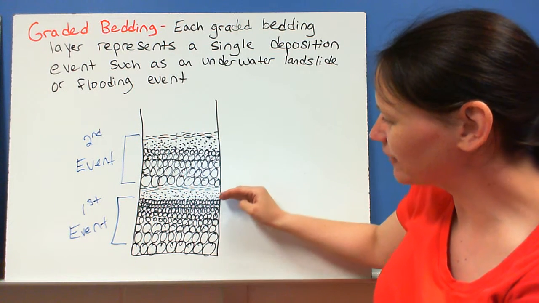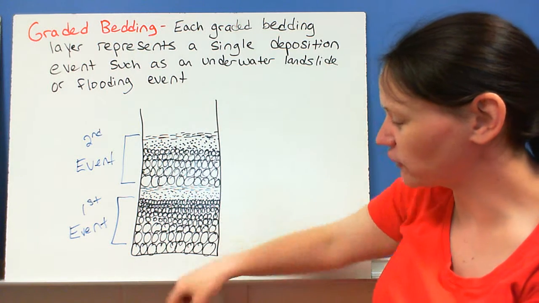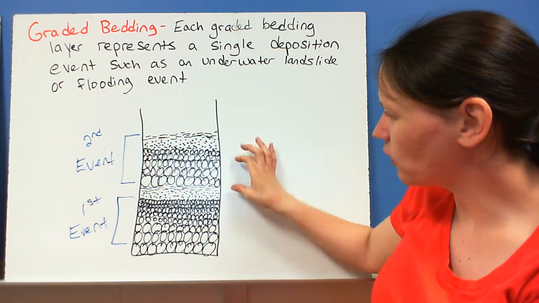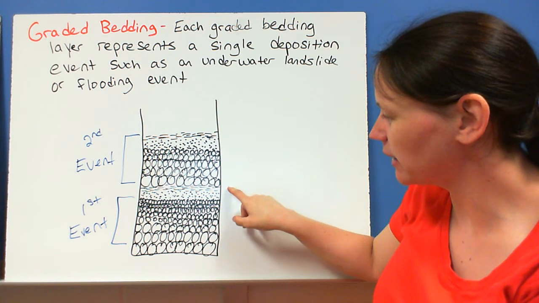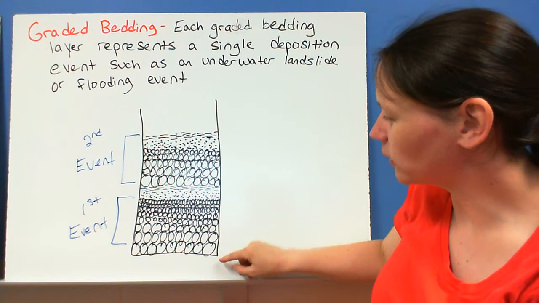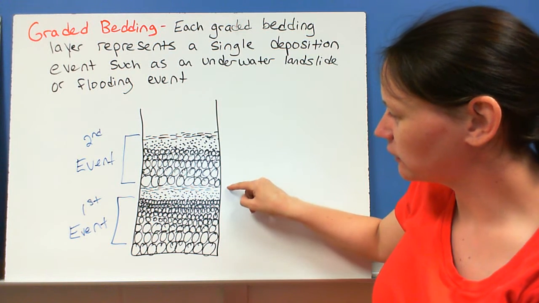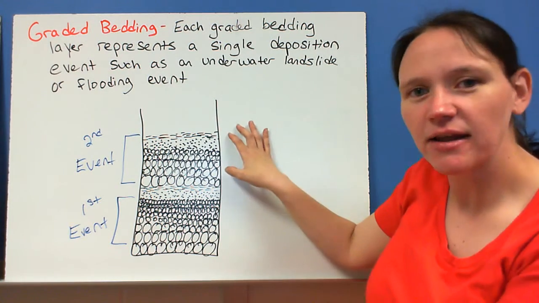So this is pretty much solid. It's not going to be able to have stuff passing through it. So when this next event happens, the larger stuff will get deposited right here, and then it gets smaller again. So we can see these patterns where it's largest to smallest, and that's one event, and then largest to smallest again, and that's another event.